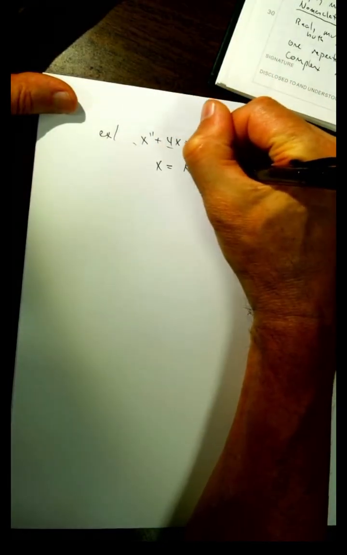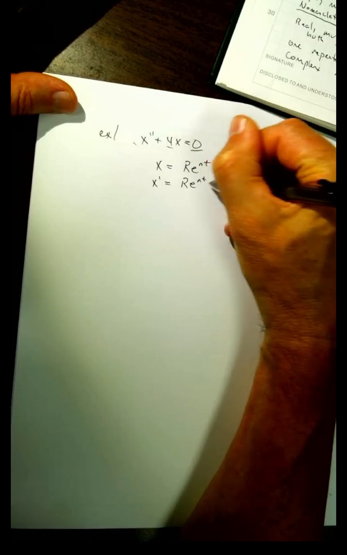So in this example, we have x double prime plus 4x is 0. Constant coefficient, 1, 4, second order, so it's higher order. And it's homogeneous because there's a 0 there. So I'm going to assume x equals re to the nt.